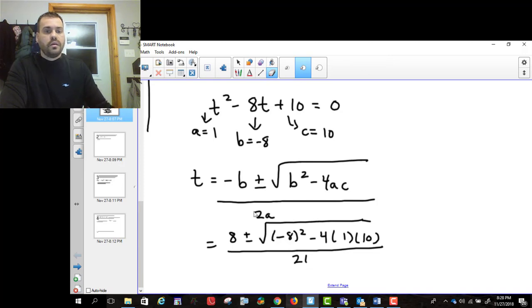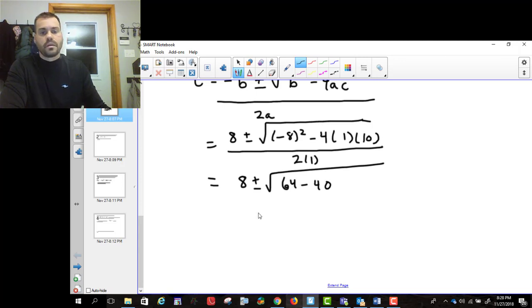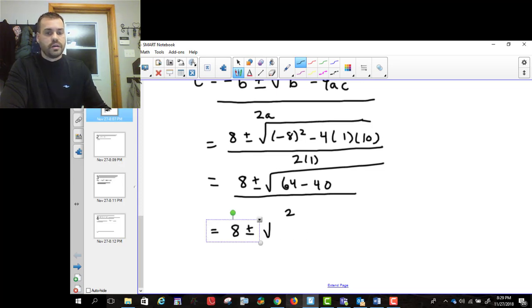Then I'm going to figure out what that discriminant, that b squared minus 4ac, is. So I have 8 plus or minus the square root of 64 minus 40, divided by 2. And so I end up with 8 plus or minus the square root of 24, divided by 2.